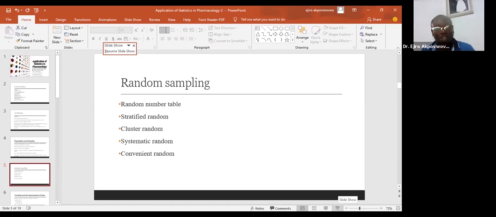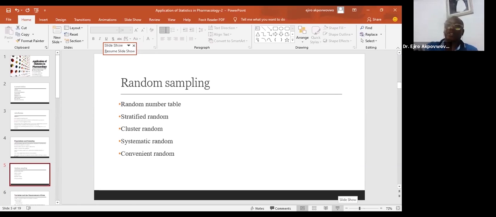Now I go to the nurses' register, where the patients are already listed. I can pick a particular patient and take that as my first patient, and then decide that every nth patient will now be included in my study.